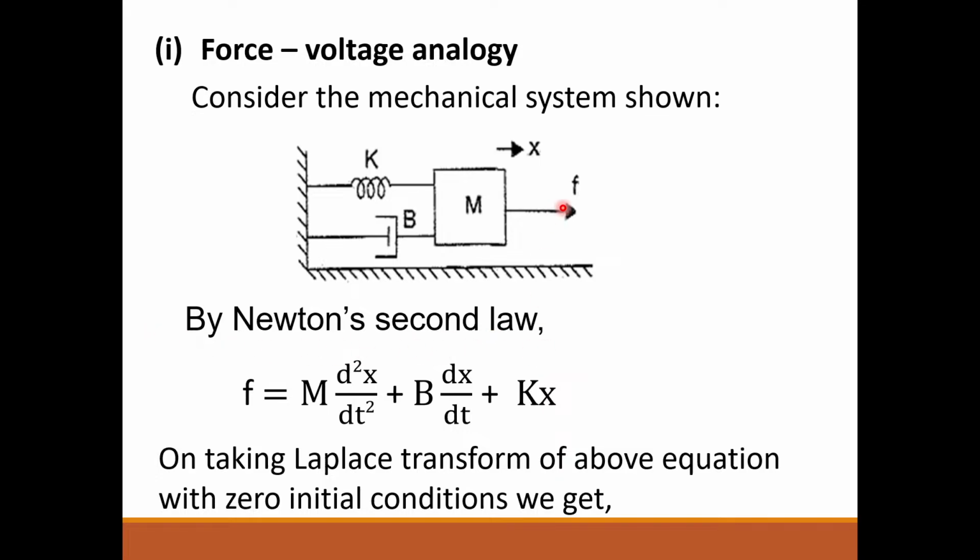So by Newton's second law, our applied force F is equal to m d square x by dt square plus b dx by dt plus k x. So this is our force balance equation. Just take a minute, write it down in your notes. Draw the diagram, and by Newton's second law, write down this equation.